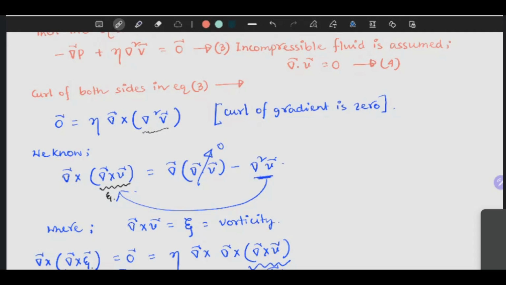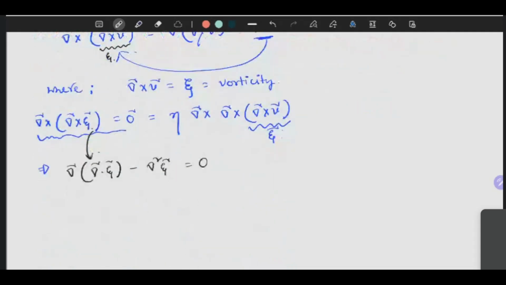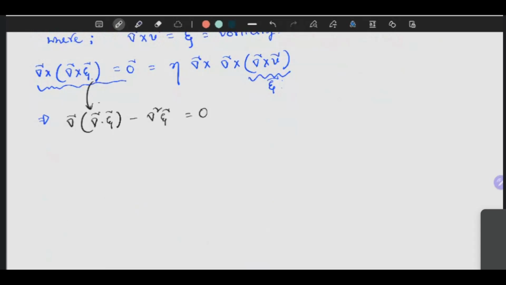So that's what I have replaced. The minus sign doesn't matter. Now this term is also 0. Why? Because divergence of curl of a vector is 0.